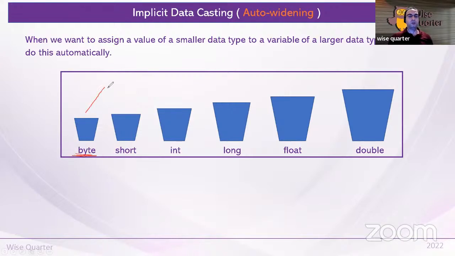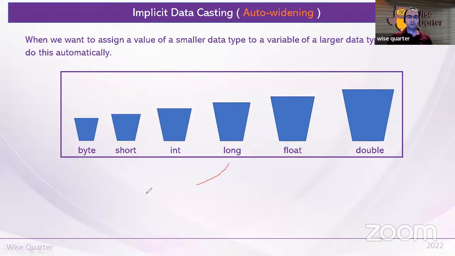When I try to assign byte to long, without any problem, long can accept it, even the biggest byte value, which is 127, because long can store a lot of numbers in its bucket.